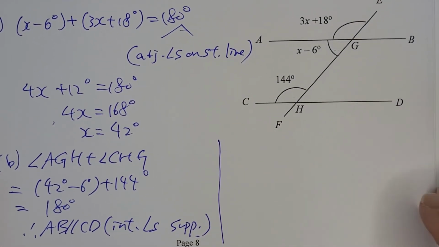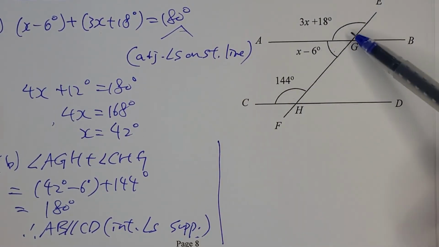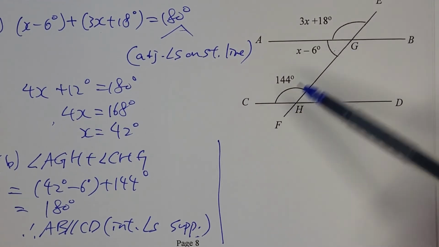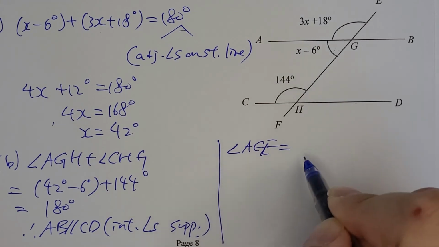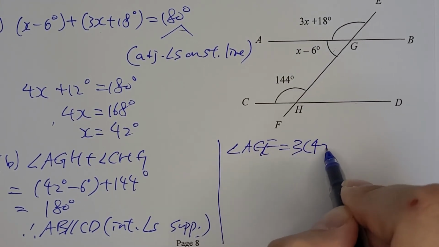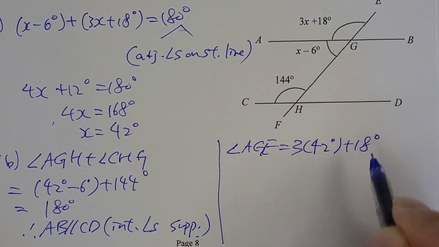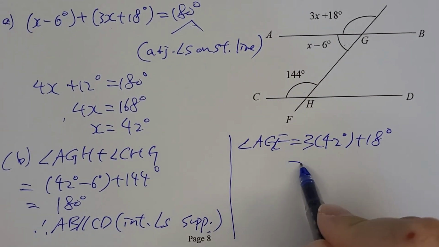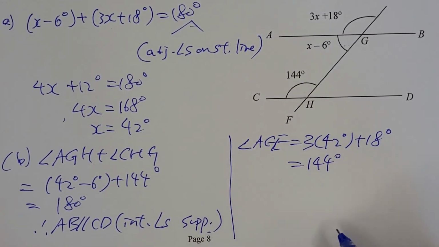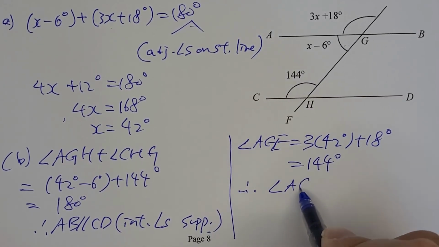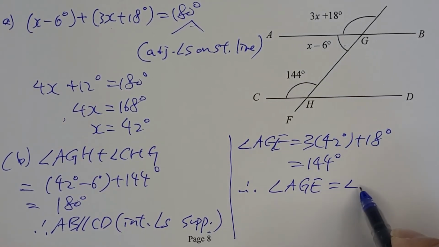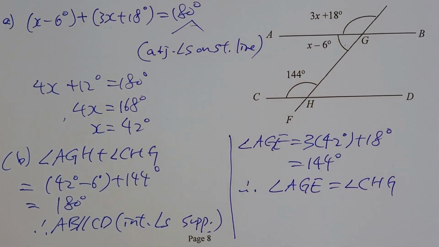Method 2. You can also check their corresponding angles to see whether they are equal. Angle AGE equals 3 times 42 degrees plus 18 degrees. And luckily you find that is 144 degrees. So angle AGE equals angle CHG.